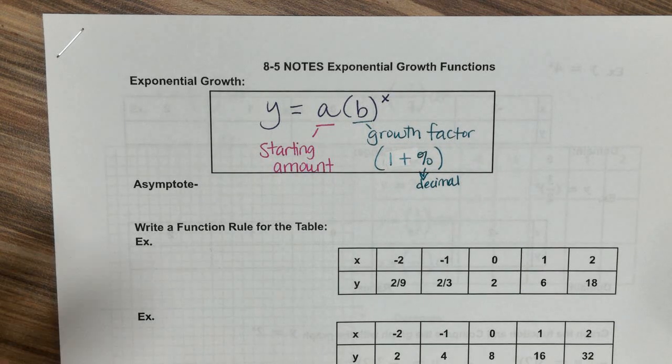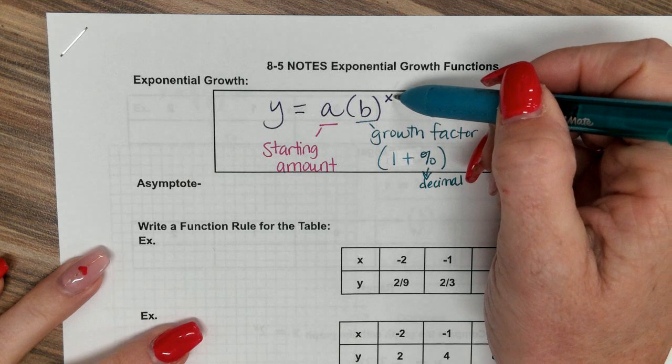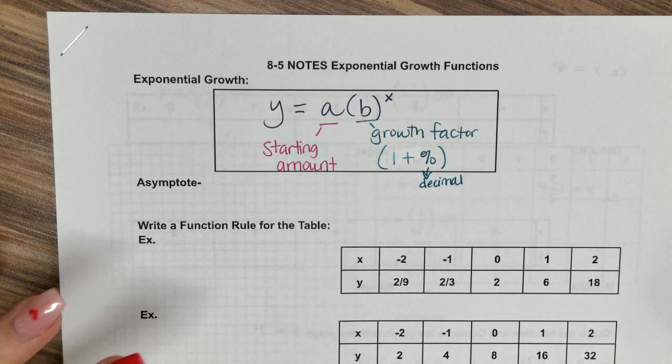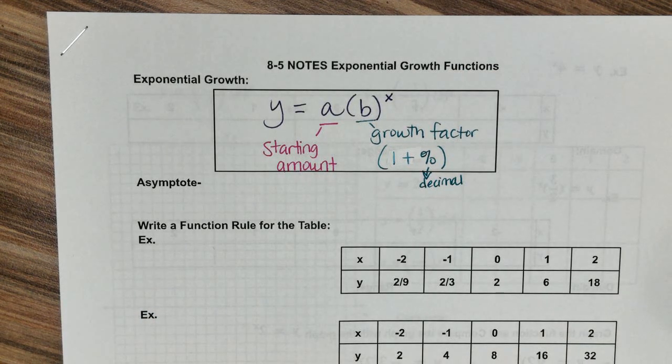And this will all make sense in a minute. And then the exponent is always going to be a variable. That's always going to be your x. Okay? So you're not filling in the number for that.